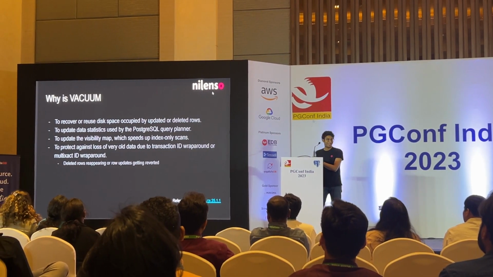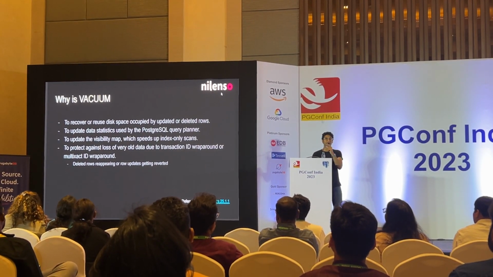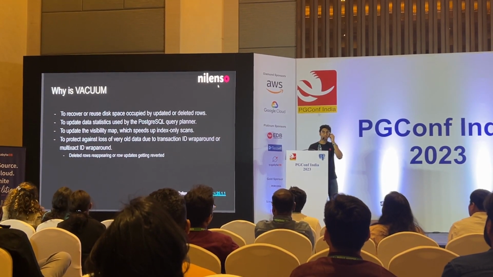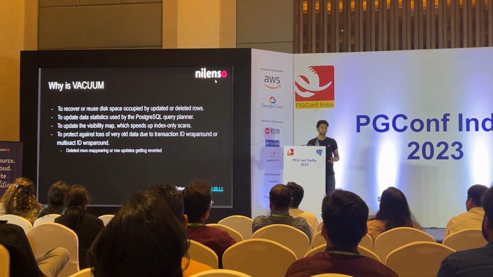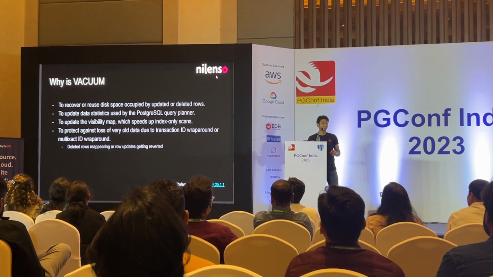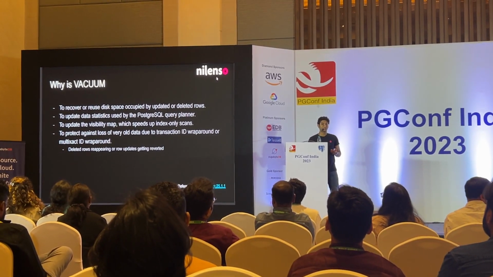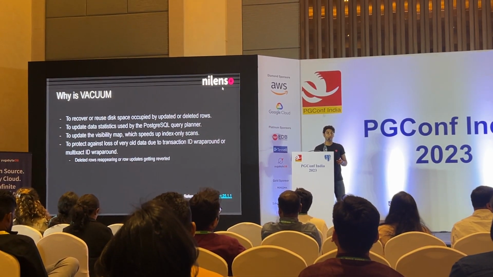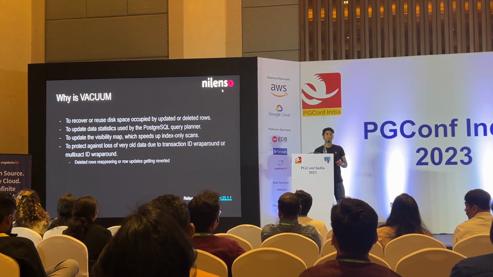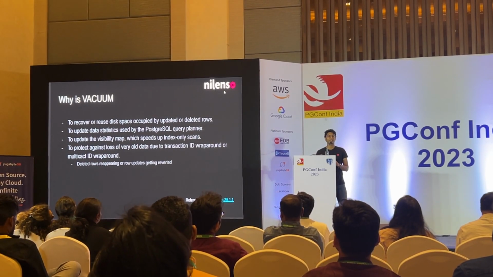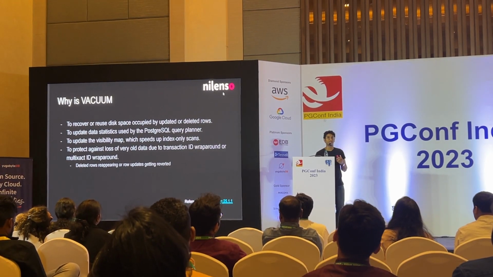All right, so there are mainly four uses of vacuum. First, get you your space back. Second is to update data statistics used by the Postgres query planner. Third is to update the visibility map, which can speed up your index only scans.